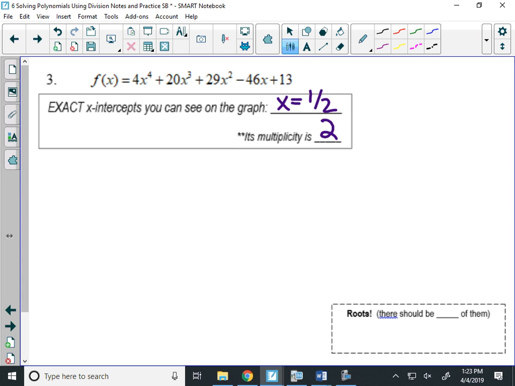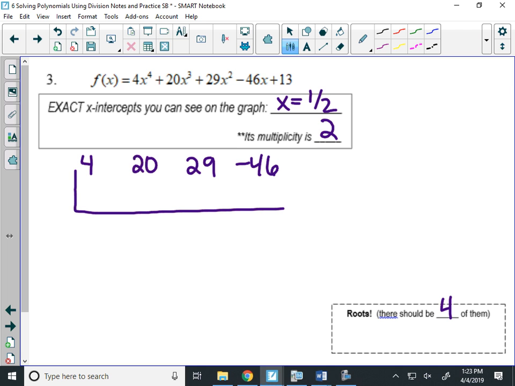So what's the degree of this polynomial? 4. It's quartic, so how many roots should I get at the end? 4 of them. So let's go through this. We're going to start with synthetic division. List your coefficients across the top. And we're not missing any, so I don't have to put a 0.